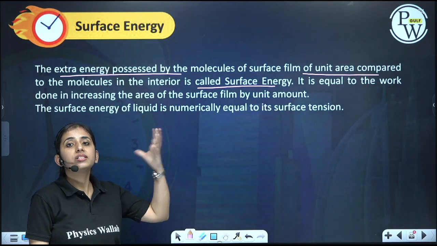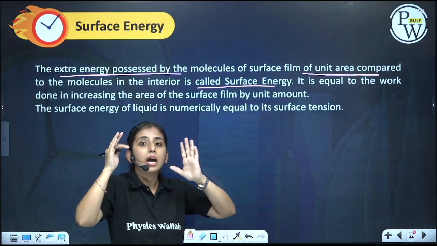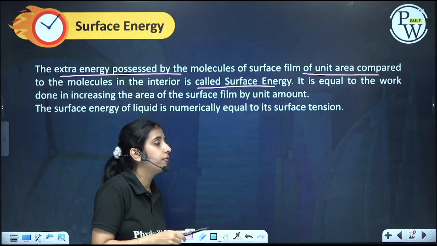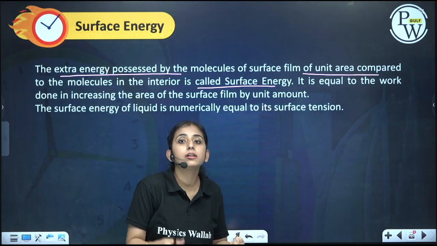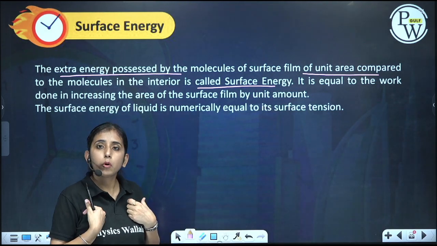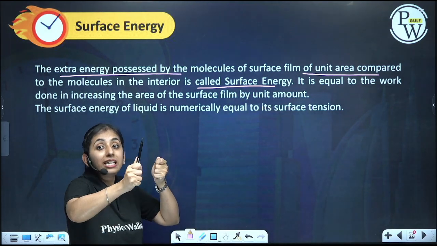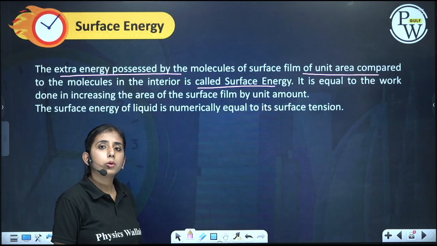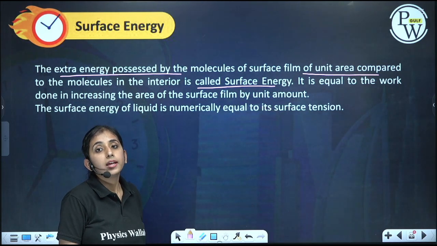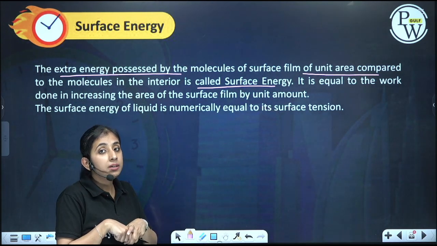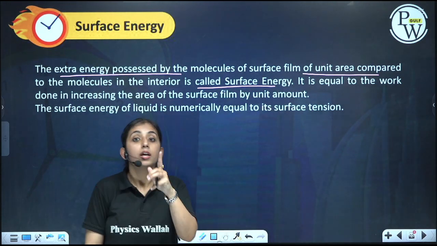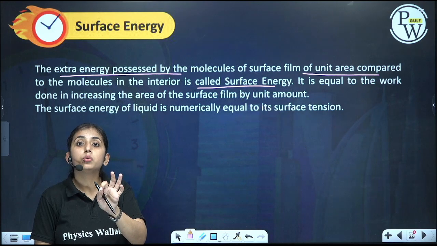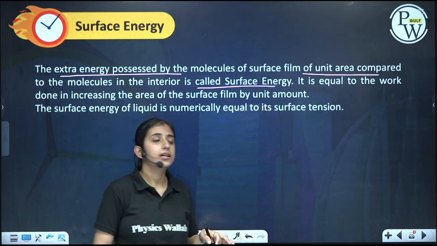Or in other words, if we have a frame dipped in a soap solution, then we'll have a film on it. If you want to increase the area of that film, then surface tension is trying to minimize the area. You want to increase the area, so you have to apply some force. So the work done per unit increase in area is given as surface energy.